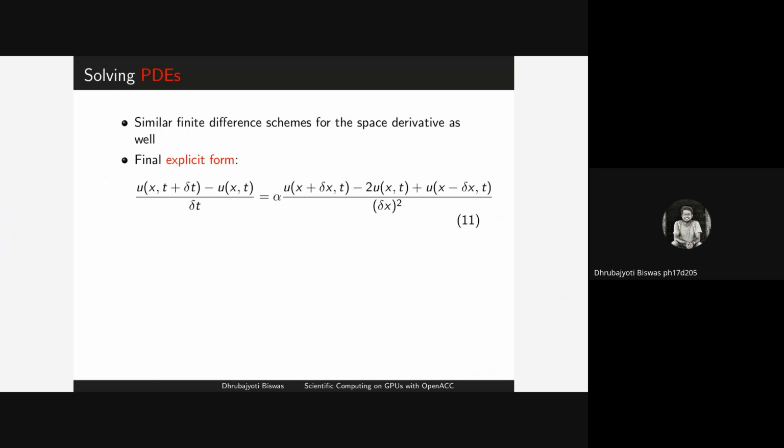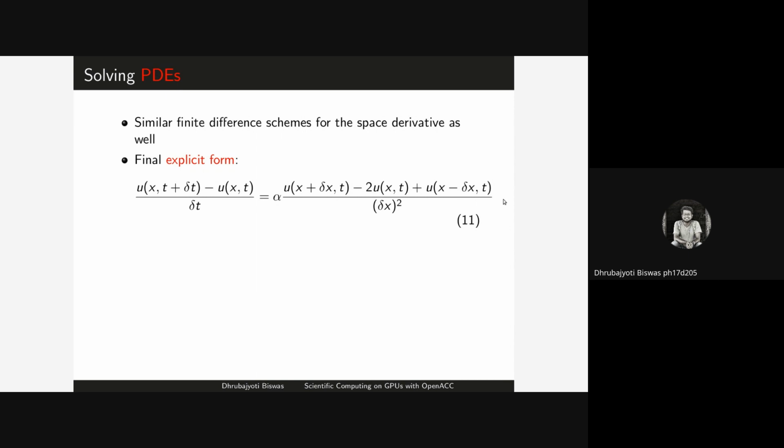Okay, why am I calling this the explicit form? This is called an explicit form because the right hand side, you have defined it, or we have taken it, as the finite difference scheme. This is x plus delta x, x and x minus delta x. We could have anyway defined this for t plus delta t in each of these terms.